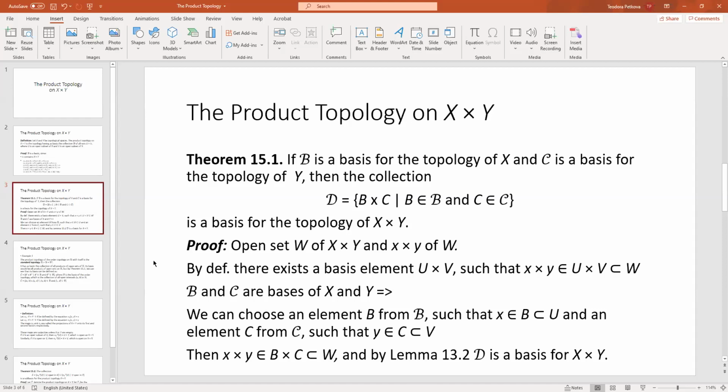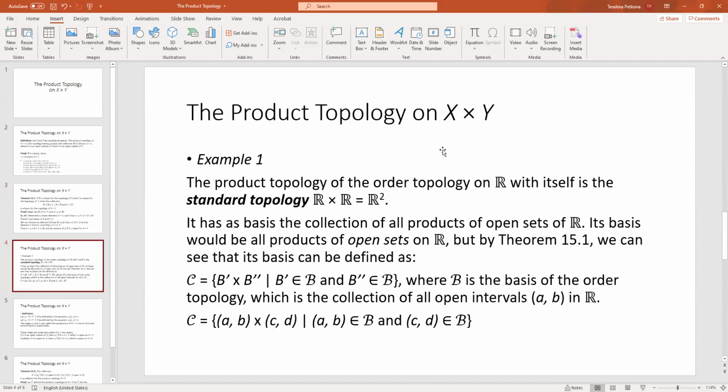And this is quite useful in our next example. As Othmane talked a little while ago about the order topology on R, the product topology of the order topology with itself is the standard topology.